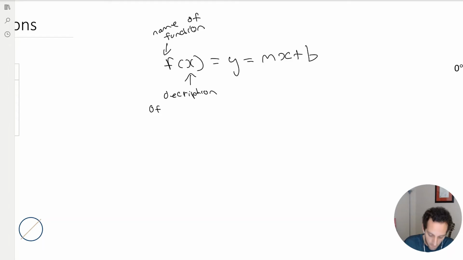So a description of the variables that are present in this function. And so in this equation, we know that m and b are constants, so they don't really vary. And x is the variable, so it's just a description of the variables.